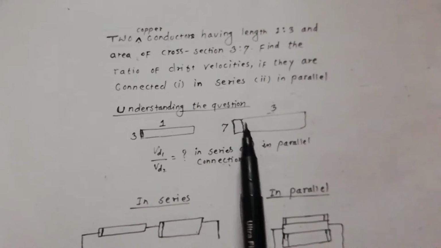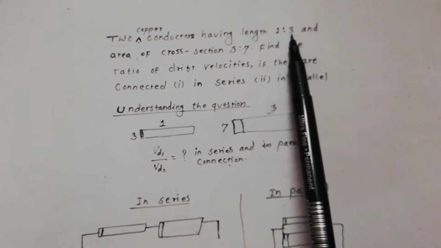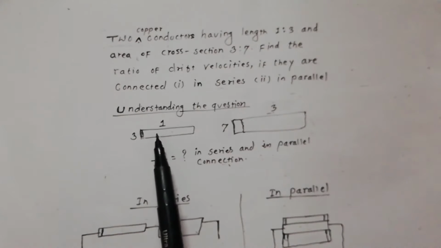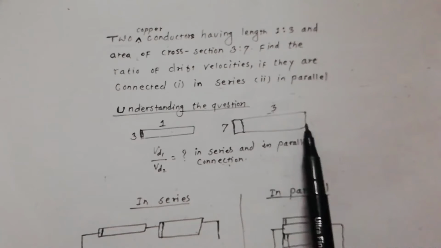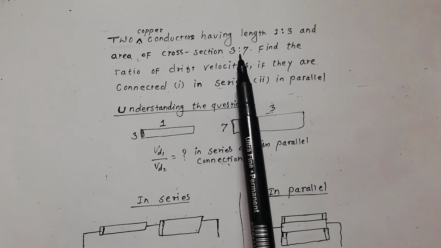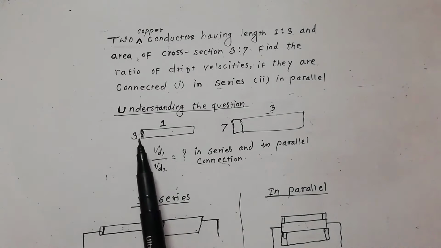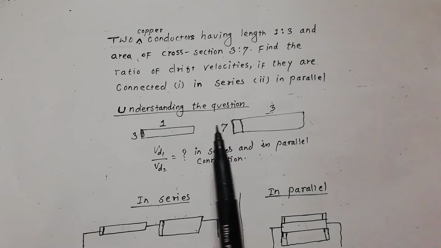We have two copper conductors having length ratio 1:3. That means if the length of this is 1, then obviously the length of this is 3, and the area of cross section ratio is 3:7. That means if this is 3, then obviously this is 7.